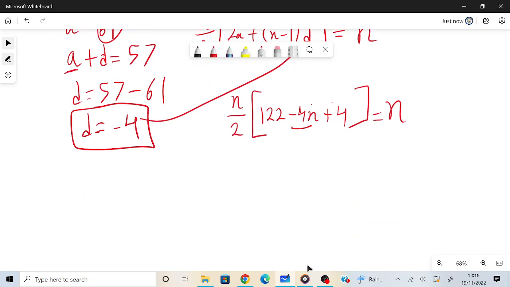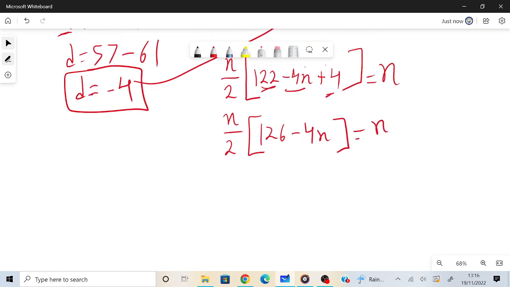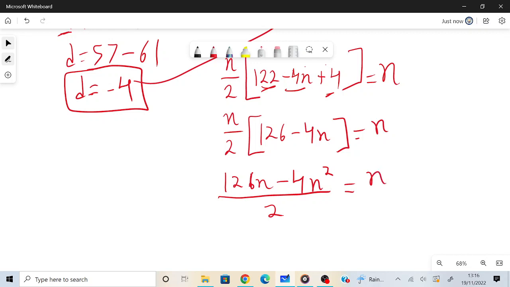We can simplify the inside, so we have n over 2 brackets 126 minus 4n equals n, because 122 plus 4 is 126. And now we can expand the brackets. We would have 126n minus 4n squared, all over 2, equals n, because n times 126 is 126n, and n times minus 4n is minus 4n squared.